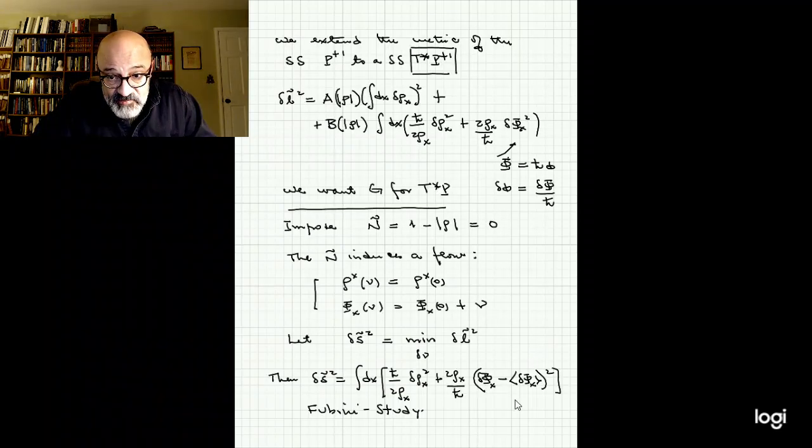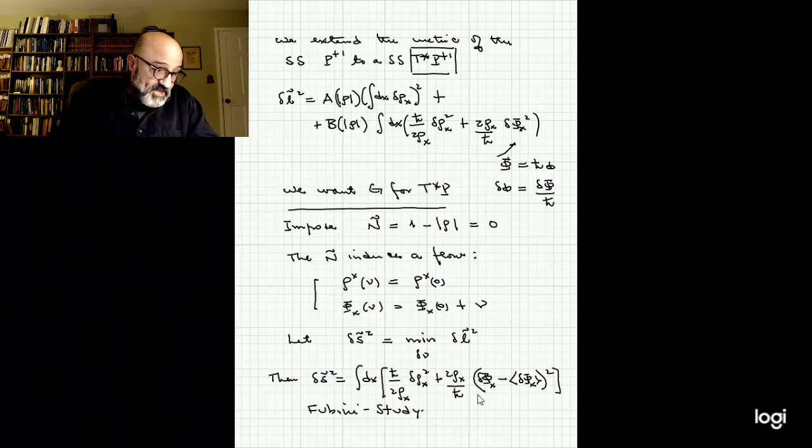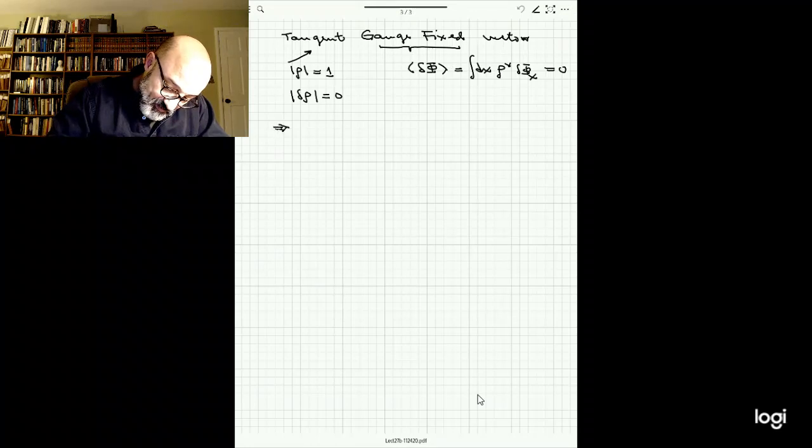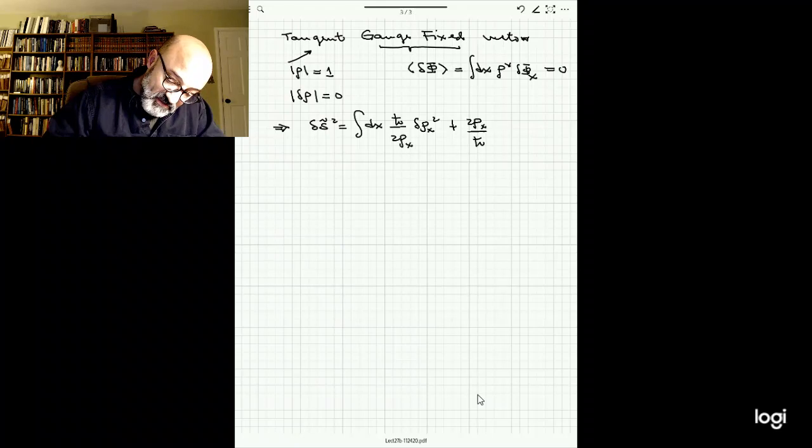This guy disappears, so that the metric becomes, so then the metric on phase space becomes delta rho x squared divided, let me see, there is, yes, an h there, 2 rho x delta rho x squared plus 2 rho x over h, and here we have delta phi x squared.